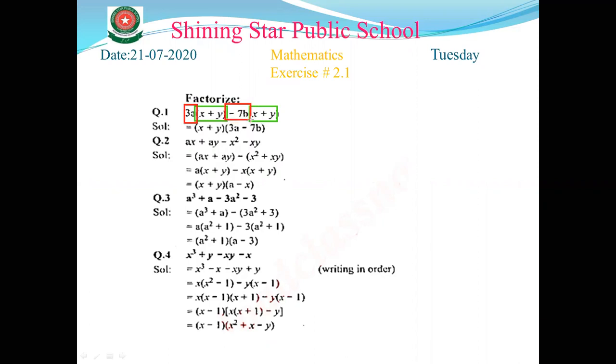So when we take the x plus y common, we have here 3a minus 7b, which is your answer. Now question number 2, ax plus ay minus x square minus xy.